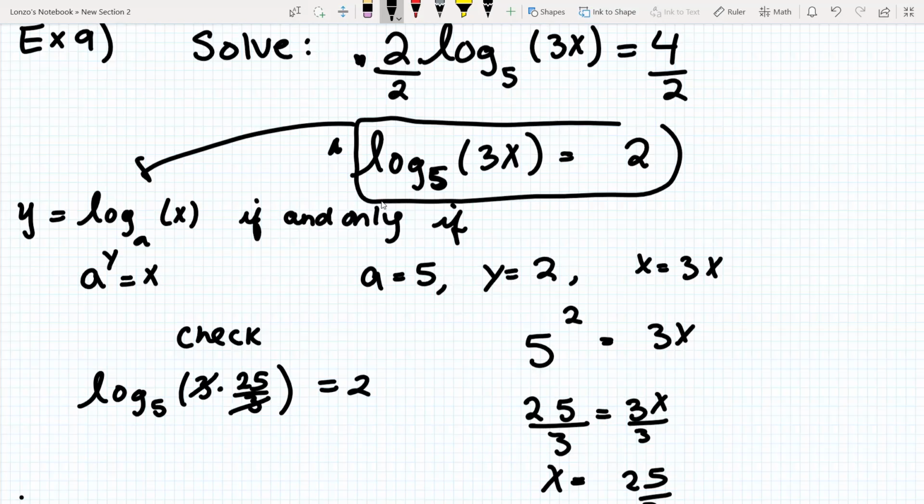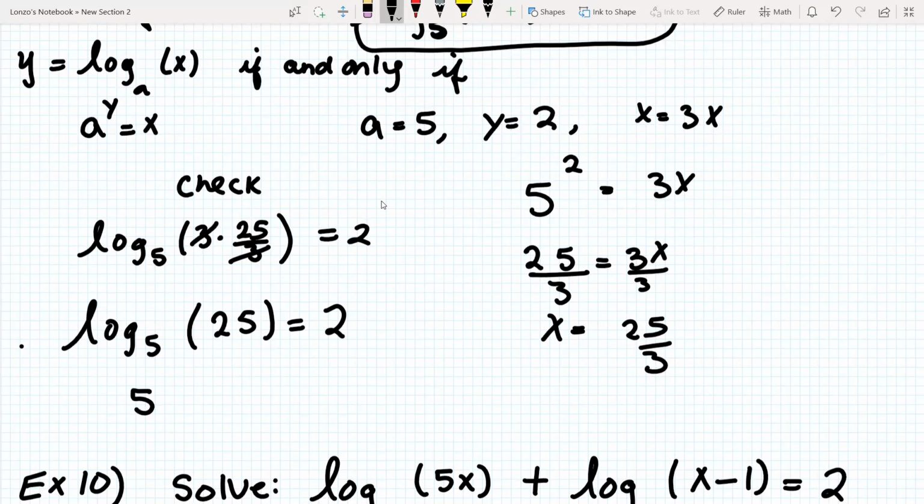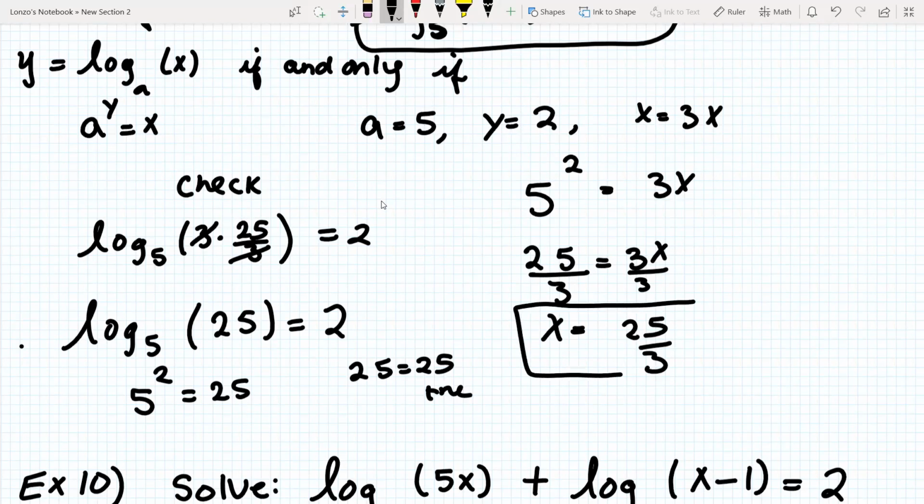So the 3's cancel, so you're left with log base 5 of 25 equals 2, right? Now remember in power form, it is like the left side. So this is equivalent to saying 5 to the second power equals 25, right? Now is that statement true? Yes, 25 equals 25. So we can say that x equals 25 over 3.